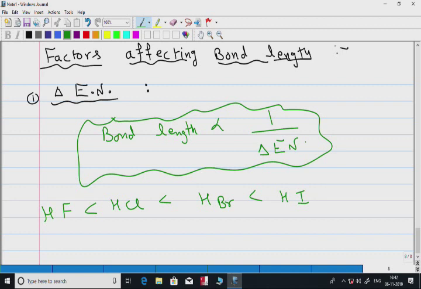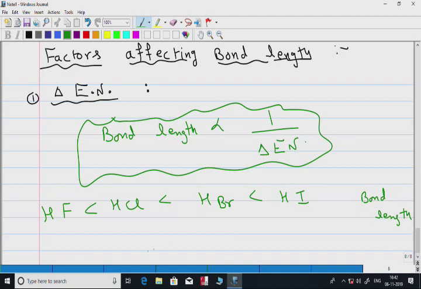Why? This is a bond length order, guys. Okay, it means that we haven't got anything.